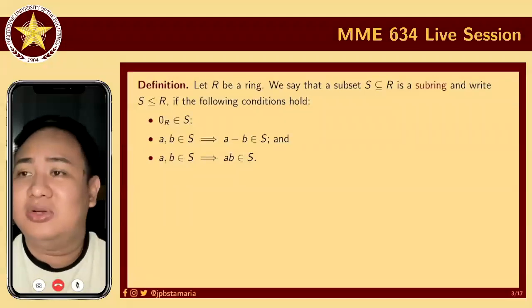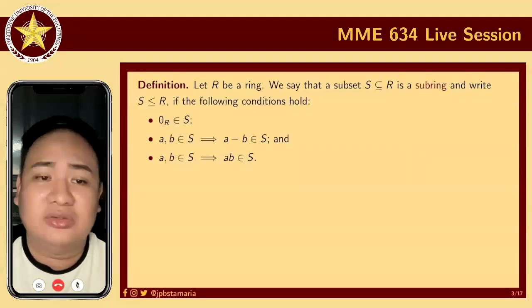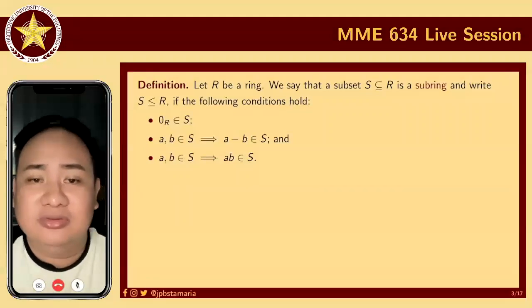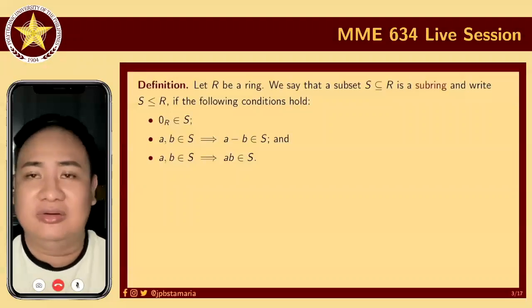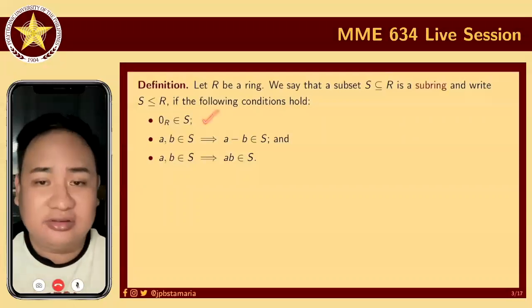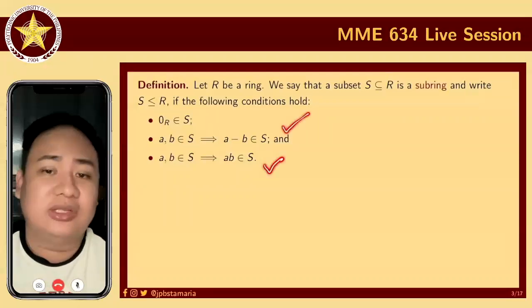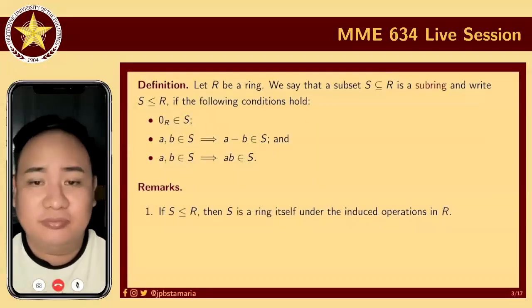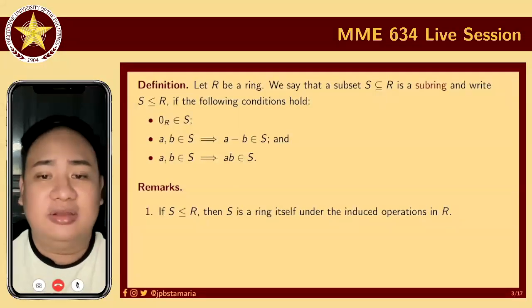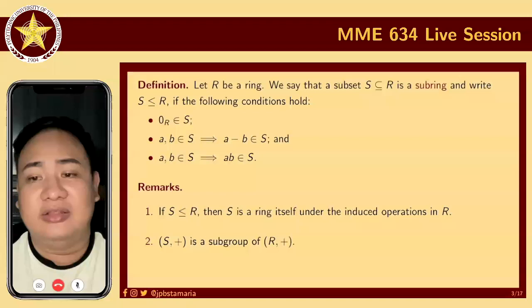Ang i-check mo na lang yung mga possible complications na, naku, baka pag nag-add ako, yung sum wala doon sa S. That's not good. So, kailangan 0 is in S, closed under subtraction, closed under multiplication. Kaya nga nasabi ko, if these three conditions hold, then S is a ring itself under the induced operation of R.